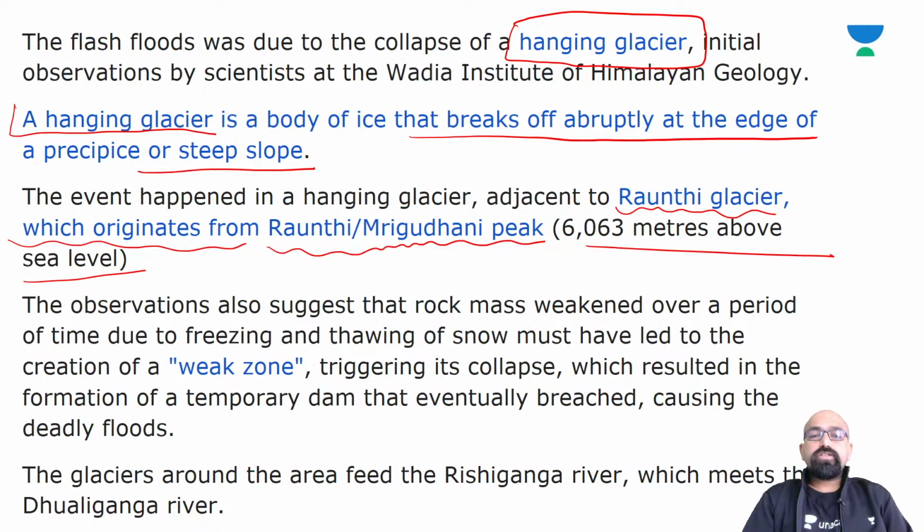The observations also suggest that the rock mass weakened over a period of time due to freezing and thawing of snow, which must have led to the creation of a weak zone, triggering its collapse, which resulted in the formation of a temporary dam that eventually breached, causing the deadly floods. The glaciers around the area feed the Rishiganga river, which meets the Ganga river.